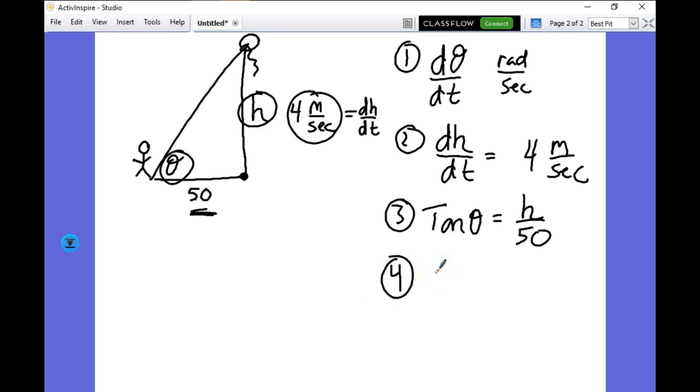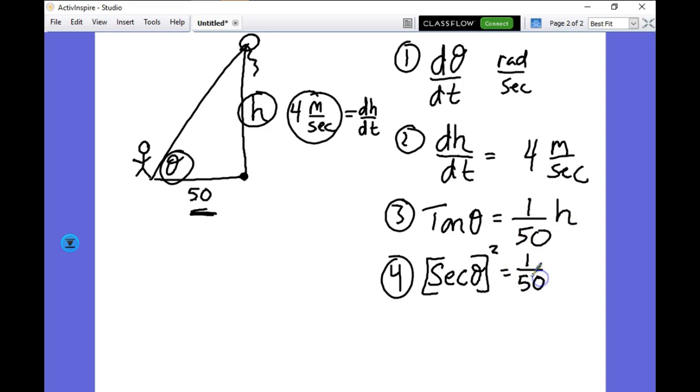The derivative of tangent of theta is secant squared theta. Now I'm going to write it a little bit differently just so my math is a little bit easier to follow for you guys. We also need to take the derivative of this side. Once again, remember that this is just really 1/50 times h, right? So I encouraged you guys to consider writing that a little bit differently in class because it just makes it easy for people to see how to do it.